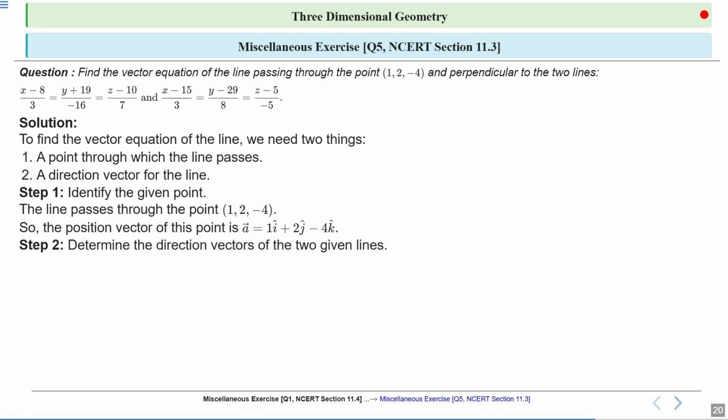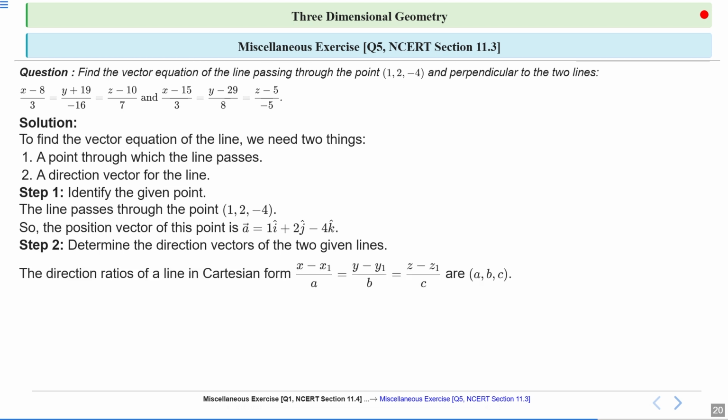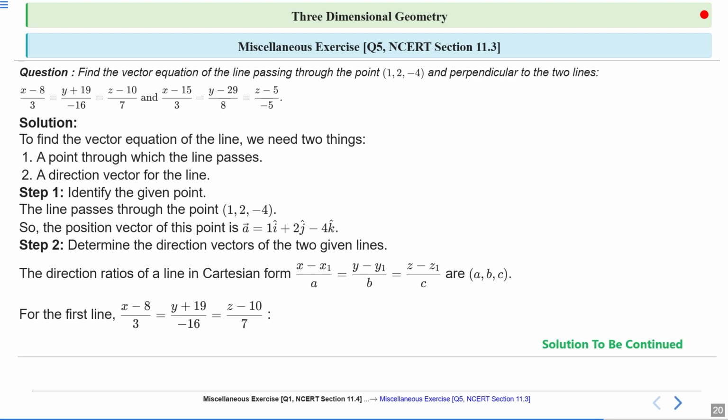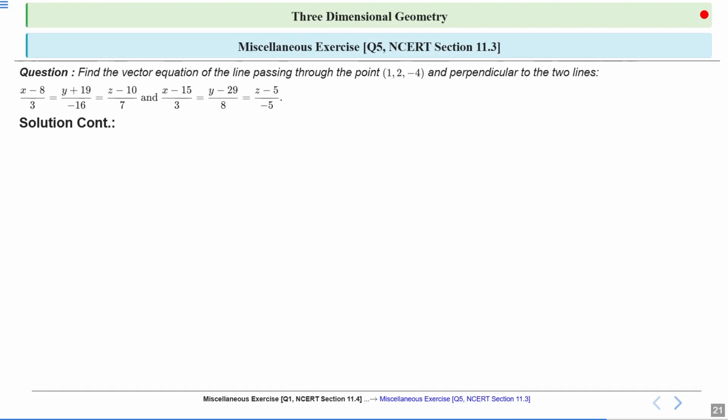Step 2, determine the direction vectors of the given lines. The direction ratios of a line in Cartesian form (x - x1)/a = (y - y1)/b = (z - z1)/c are a, b and c. For the first line, (x - 8)/3 = (y + 19)/(-16) = (z - 10)/7, its direction vector is d1 vector = 3 i cap - 16 j cap + 7 k cap.